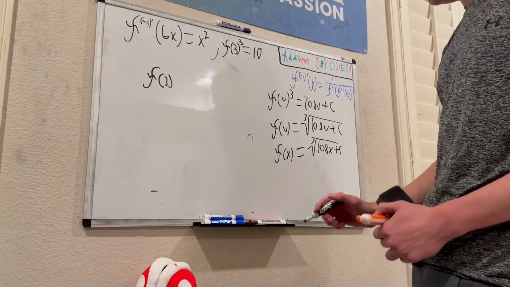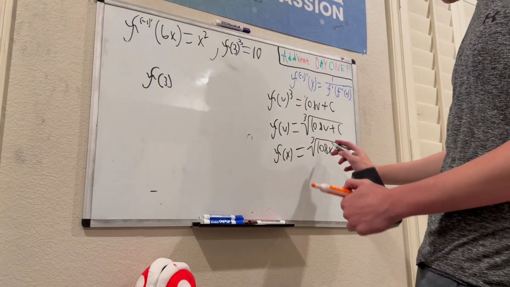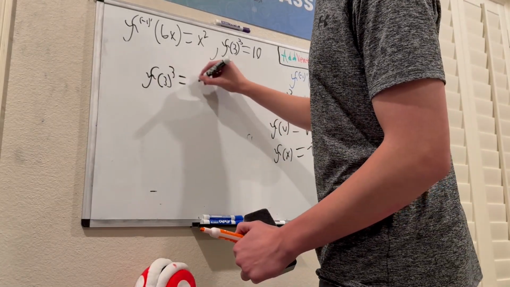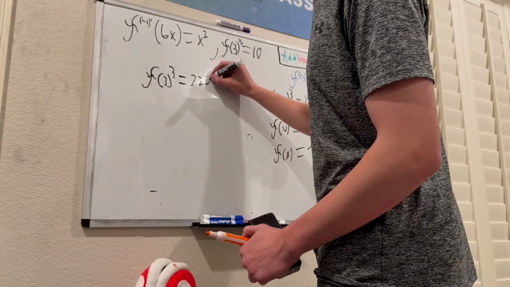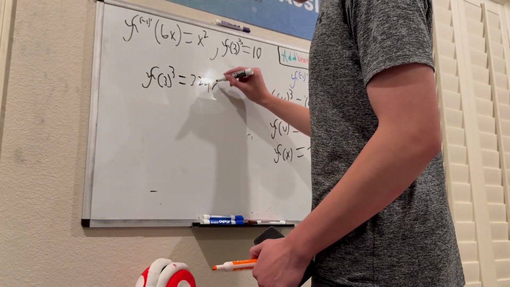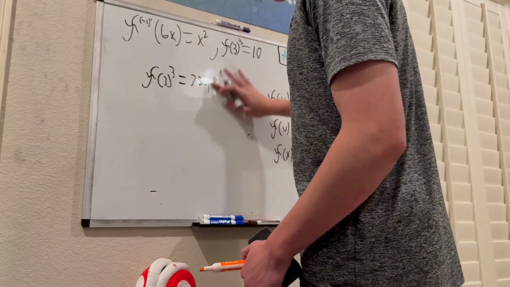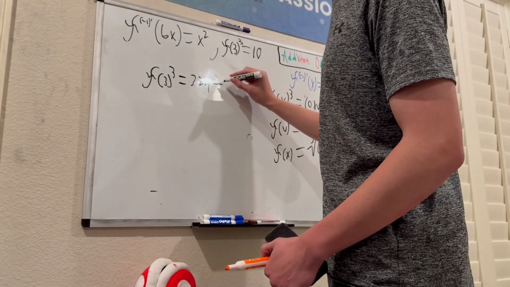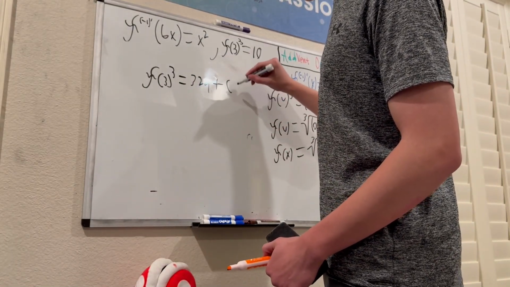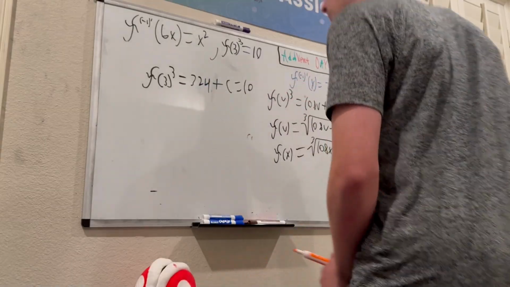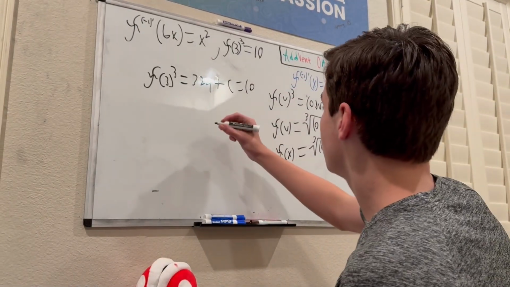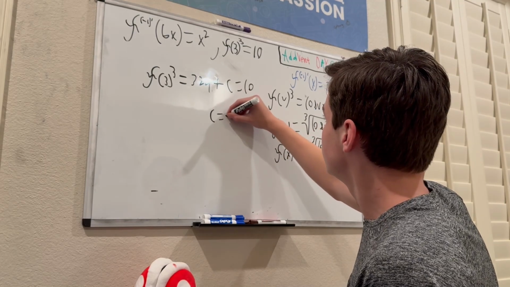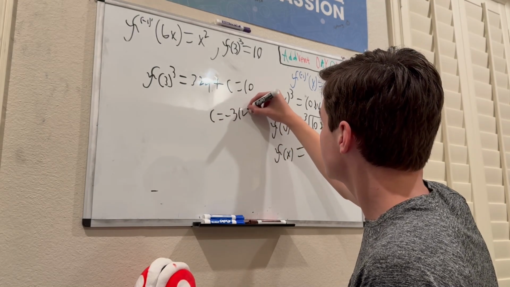And we're also cubing it, so it'll get rid of the cube root. And we get that f of 3 cubed is equal to 324 plus our constant c, which is going to be equal to 10. So now we can subtract 324 from both sides, and we get that c is equal to negative 314.